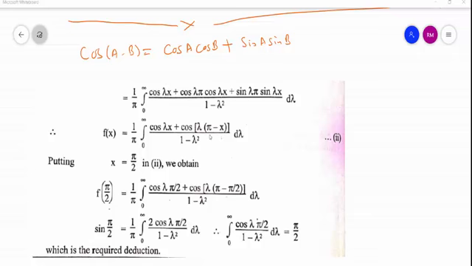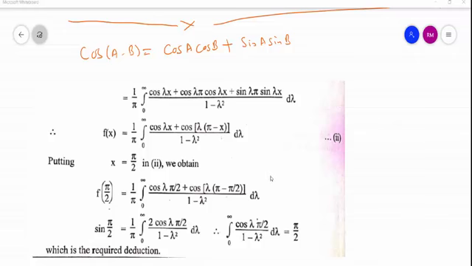So using this result, for the last two terms, second and third, we get cos of lambda, taking outside, pi minus x, meaning cos of lambda pi minus lambda x. This result we obtain, and this is nothing but the required equality which we are going to prove. We have to express f of x in the language of this.